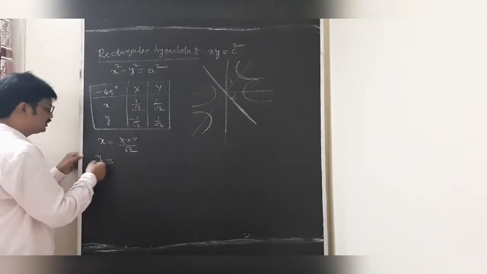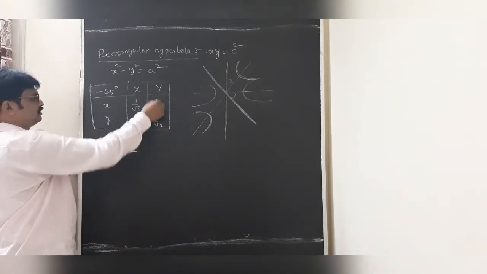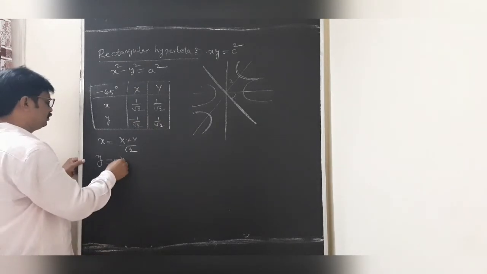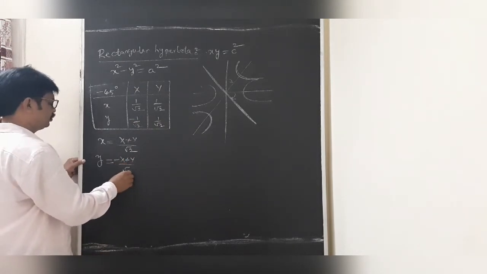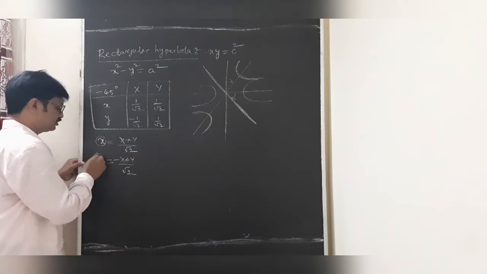And small y is minus x plus y by root 2. These are the small x and small y.